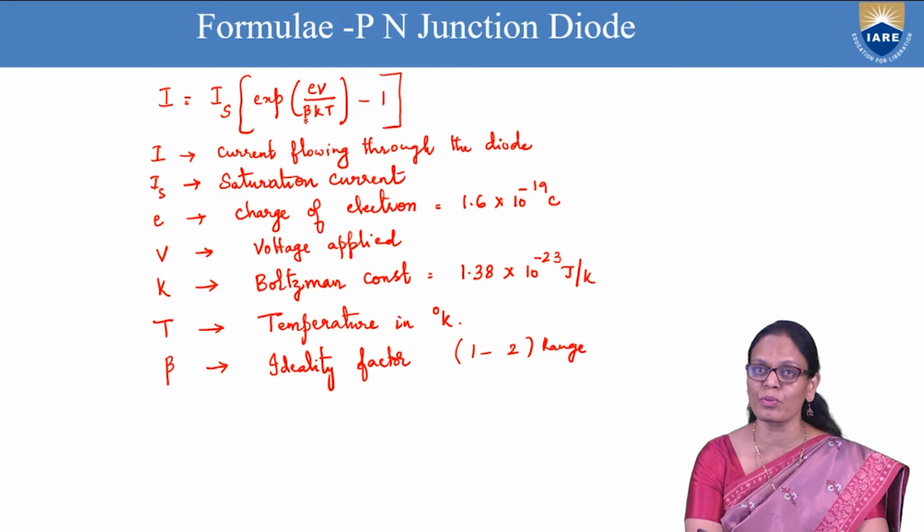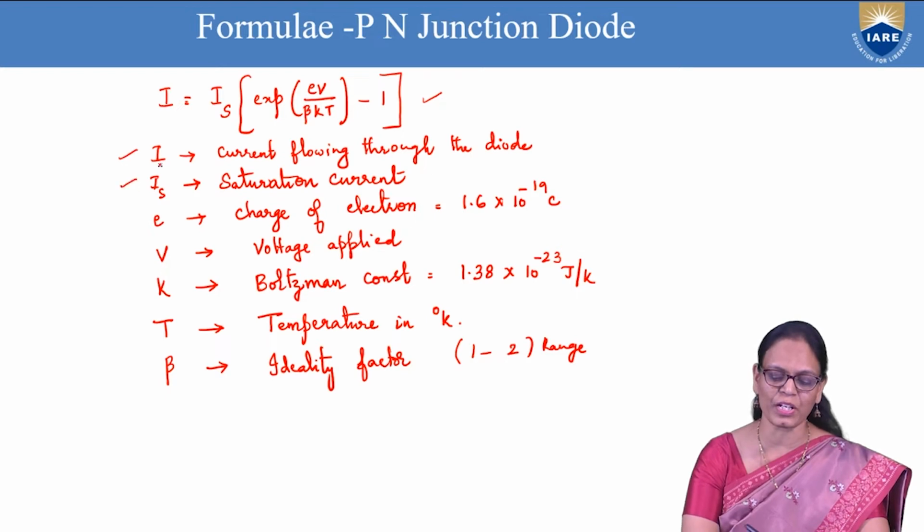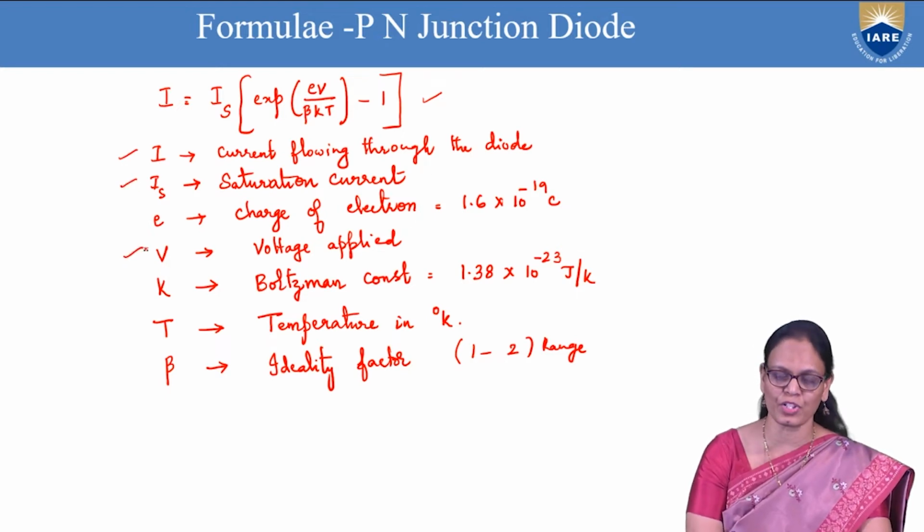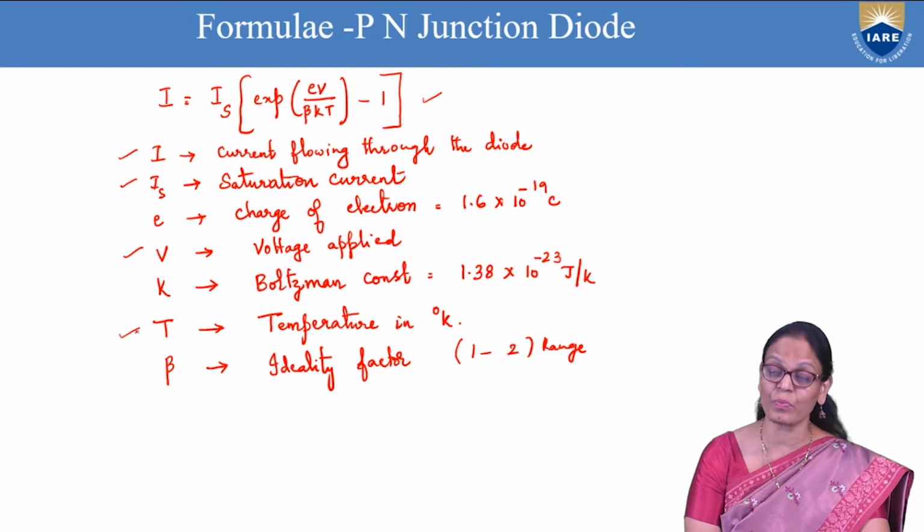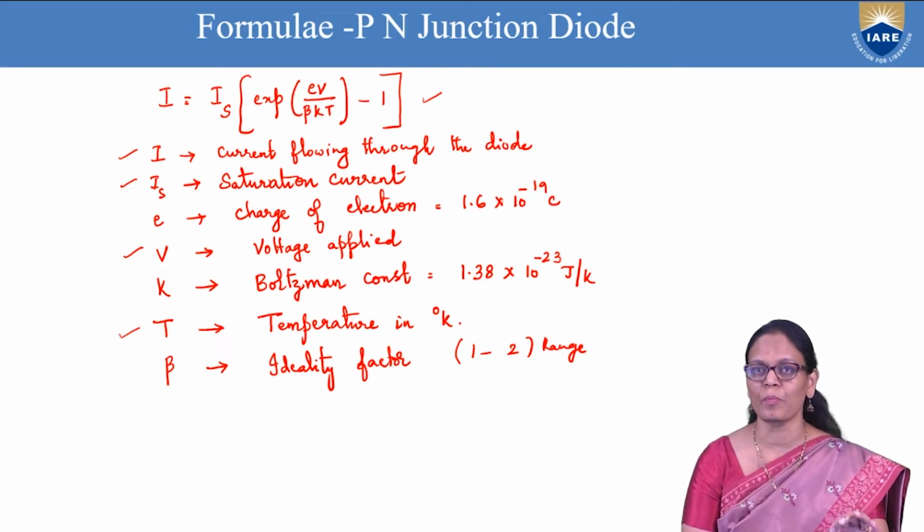We are going to do numericals on calculating first the current flowing through the circuit, then the saturation current, and then also the voltage or the temperature. So this is the main formula we are going to use, and we'll be using the same formula throughout.